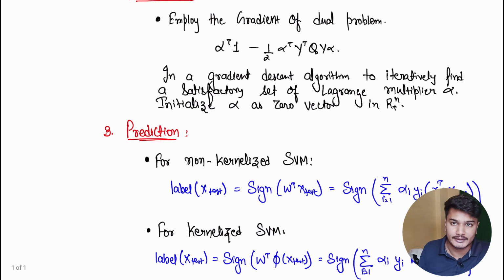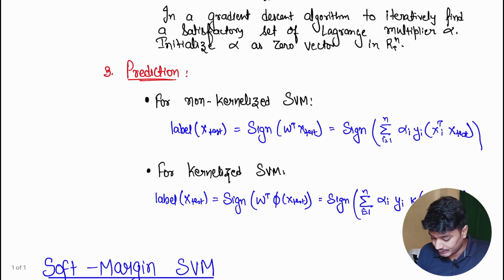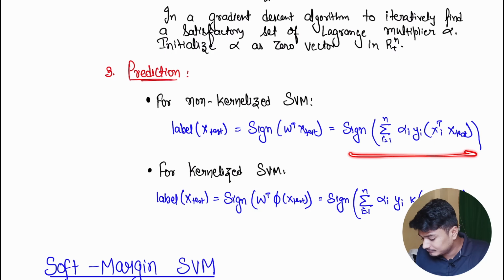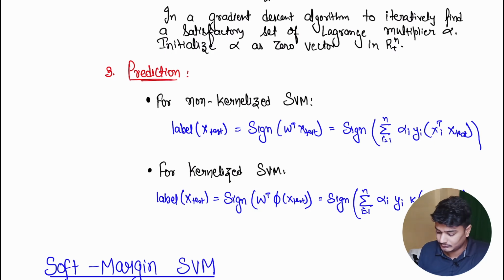Now after this, we will reach an optimal W. Then do the prediction. Prediction for the non-kernelized version: the label of X test we want to predict is nothing but the sign of W transpose X test, where we get the W from the gradient descent step above. That is this, the sign of Xi transpose X test.